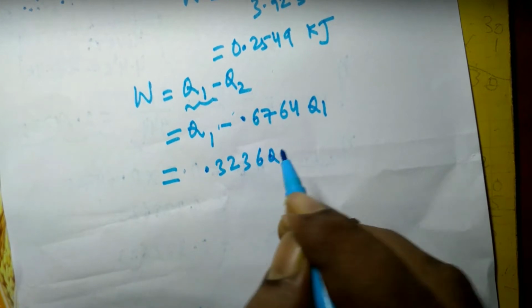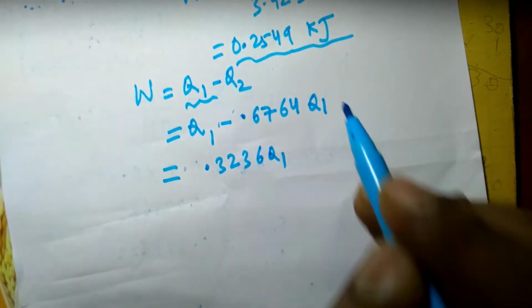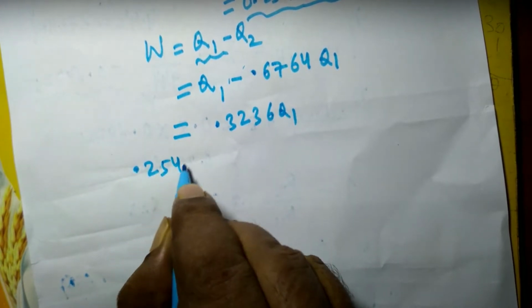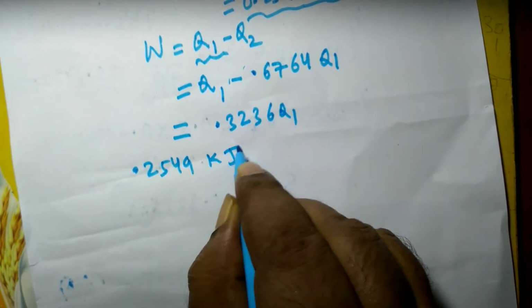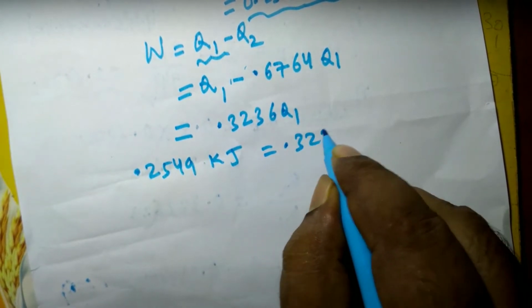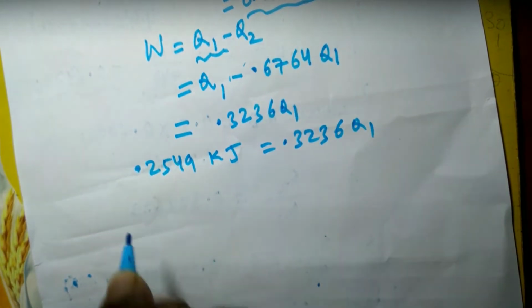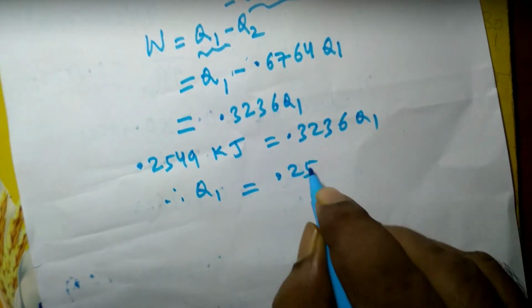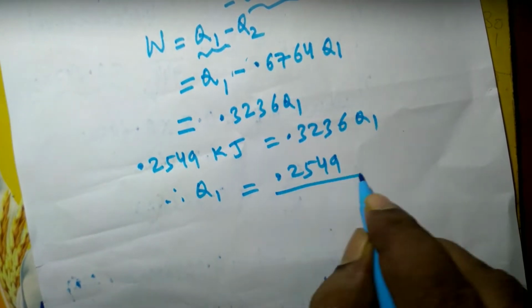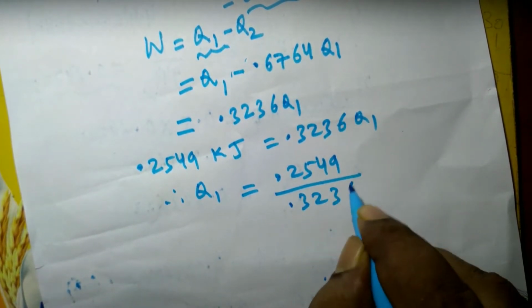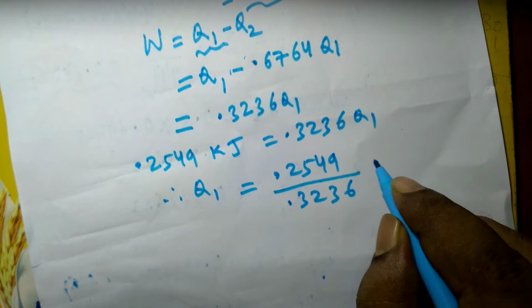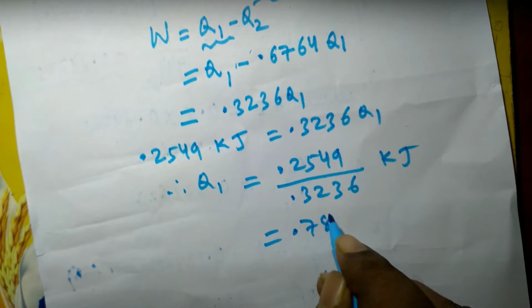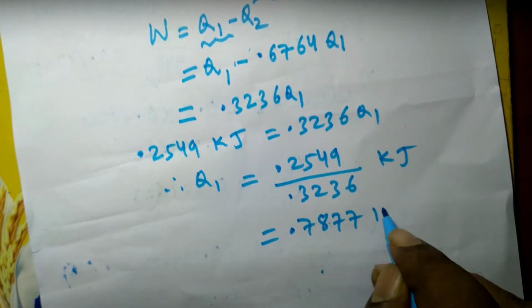is 0.3236 Q1. Since we have already found the value of W, 0.2549 kilojoule is equal to 0.3236 Q1. So Q1 will be 0.2549 divided by 0.3236 kilojoule, which is equal to 0.7877 kilojoule.